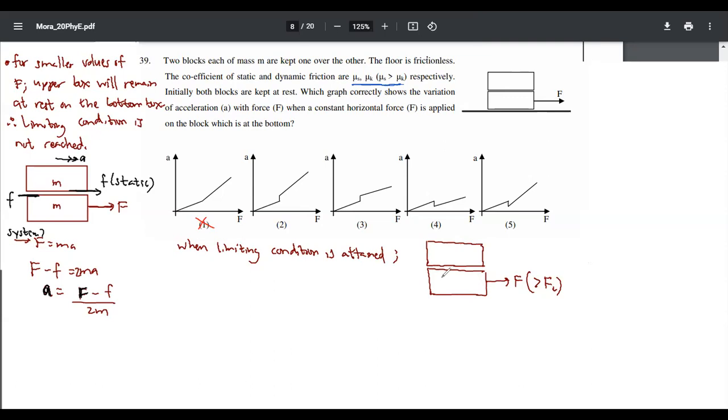There will be a frictional force acting. What friction will be acting now? Fk. On the top box there will be an Fk on the other side. But now capital F, the bottom box will be moving independently. Both boxes will not move together.